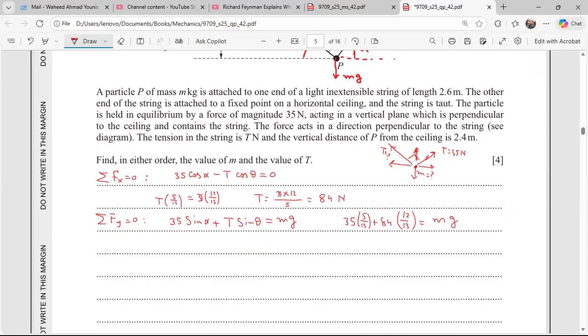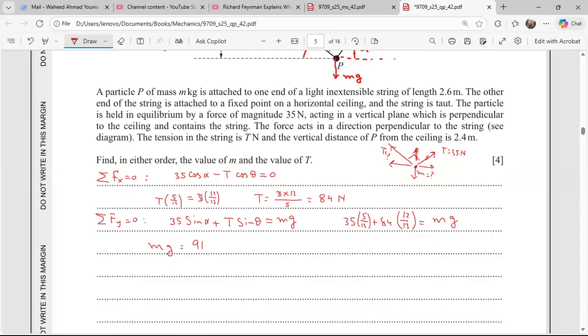Okay, so what is this all equal to? Mg equals, if we simplify this whole thing, 35 times 5 by 13 plus 84 times 12 by 13, so this comes out to be 91.